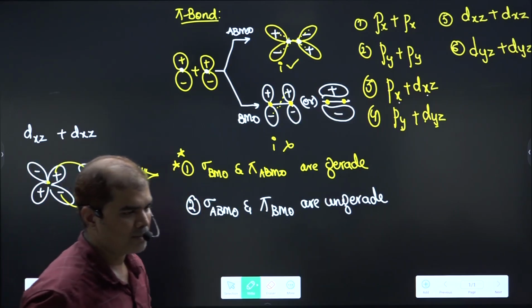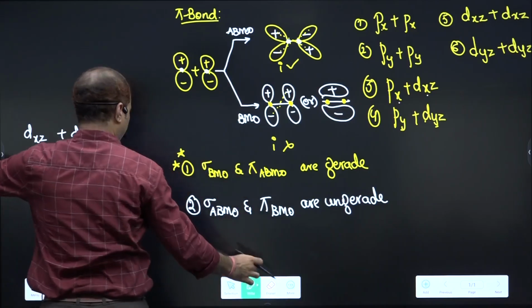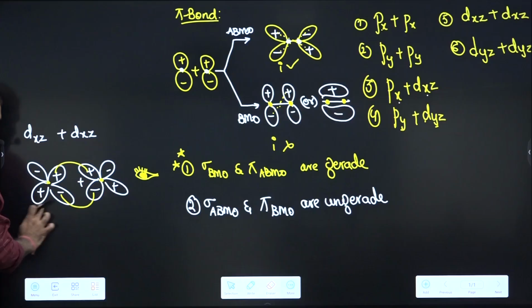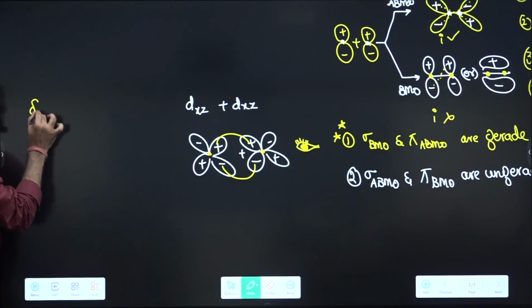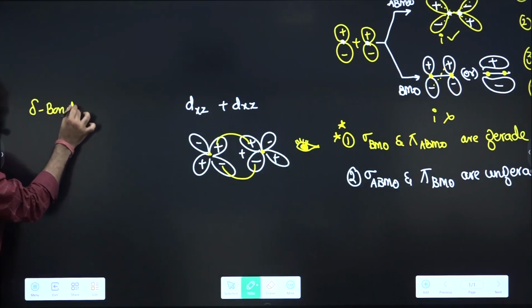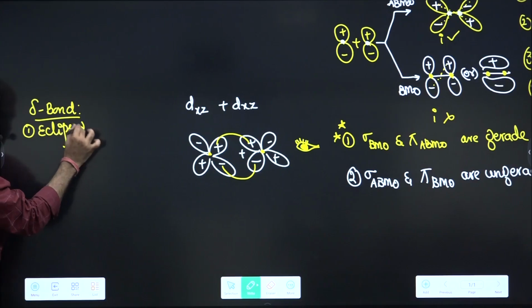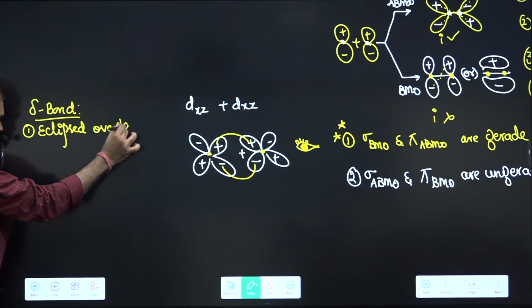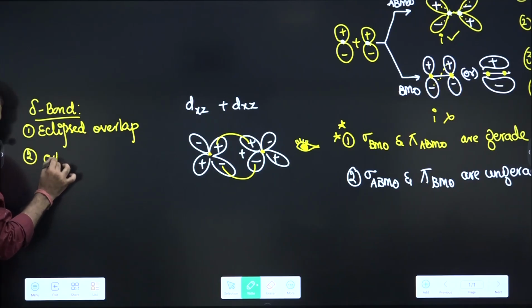Last one, delta bond. Delta bond is eclipsed overlap. And which orbitals combine?